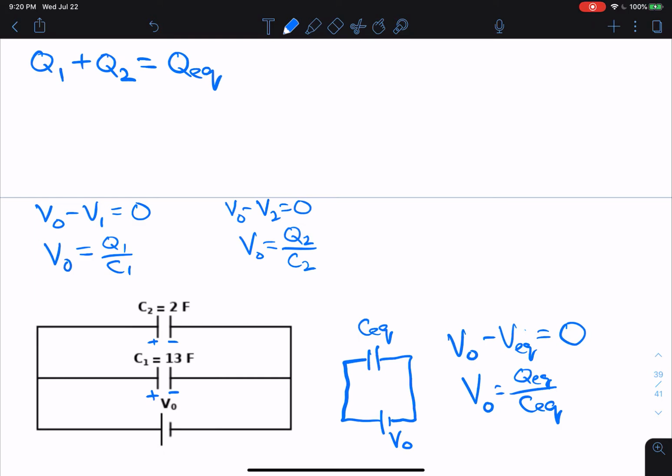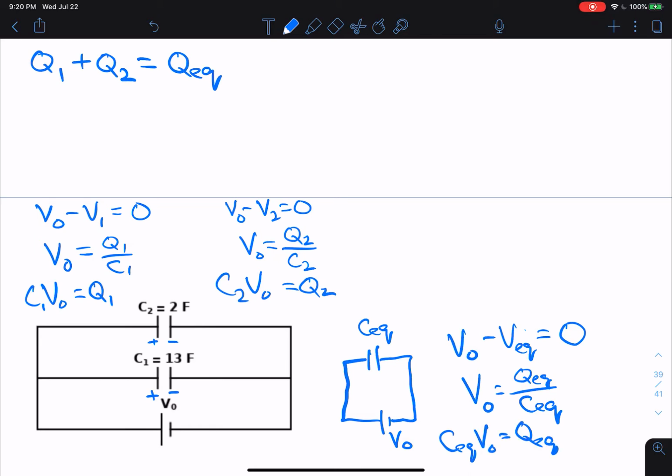Okay, for each of these, I want to use this relationship that I have. So I'm going to solve each of these for Q. And that means I'm going to have V naught times C1 equals Q1. I'm going to have C2 times V naught equals Q2. And down here, I'm going to have CEQ times V naught equals QEQ.